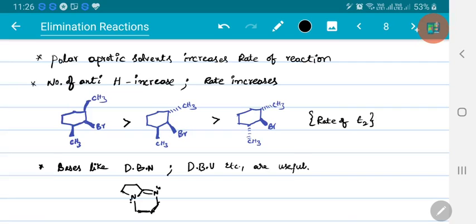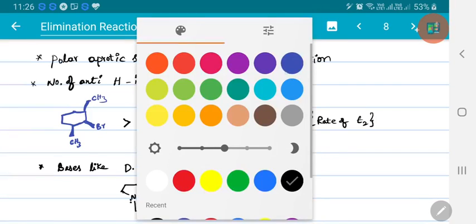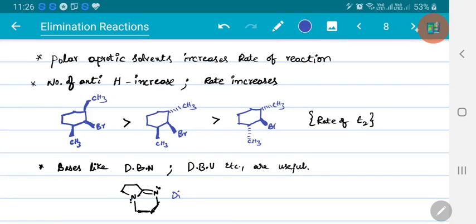So this is diazabicyclononane. Similarly, diazabicycloundecane: the number of carbons, instead of 5 membered, increases by another 2 carbons, so then it becomes undecane. So this is how you will get different types of products.